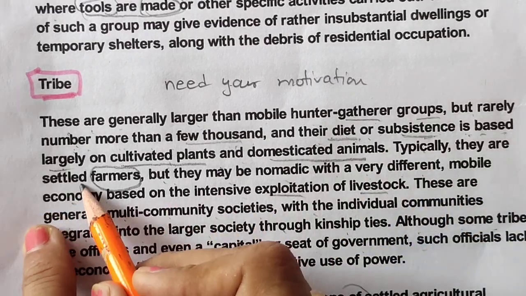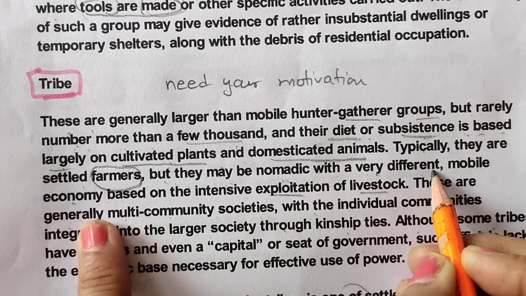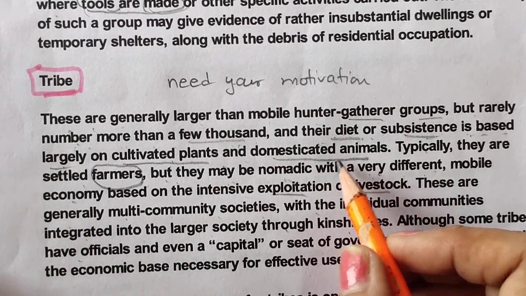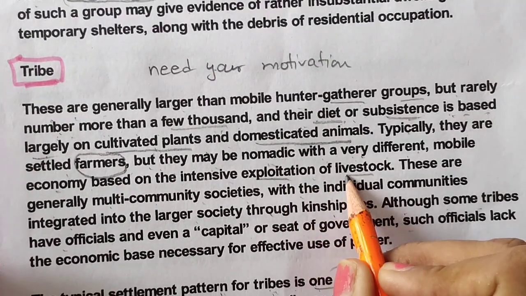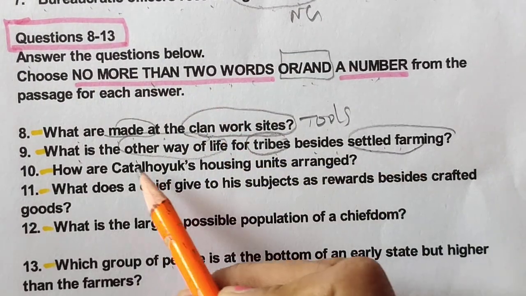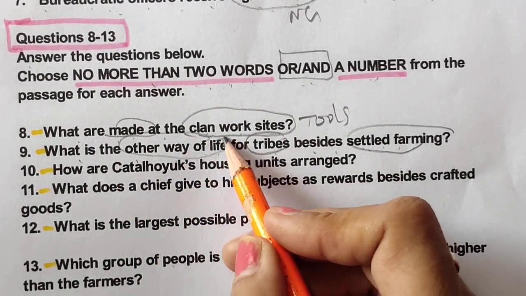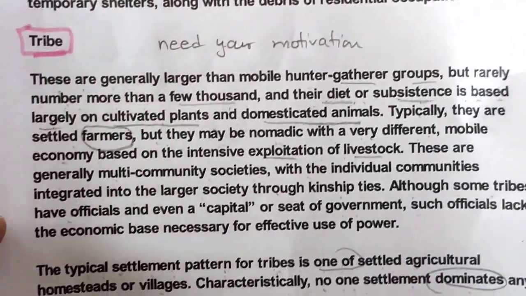Typically they are settled farmers. They may be nomadic with a different okay, so we could write domesticated animals or exploitation of livestock, but we have to write only 2 words. What other way of life for tribes besides settled farming?